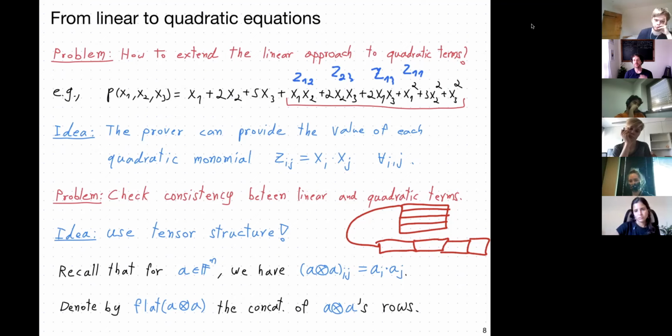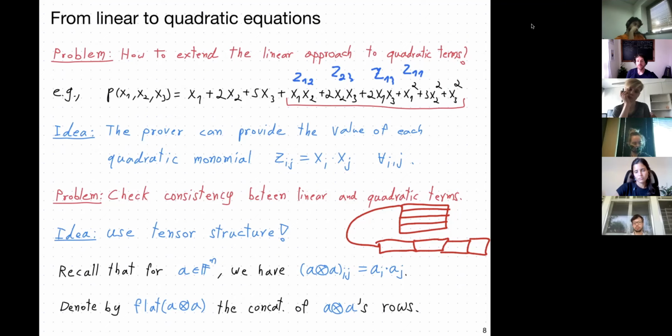I have a question. There was a problem with the first approach regarding the consistency check between different z variables, but why can't the verifier introduce additional checks for consistency? This is exactly what we'll do, and we'll use the tensor structure to do it in an efficient way, which is compatible with taking random linear combinations of rows of the matrices.